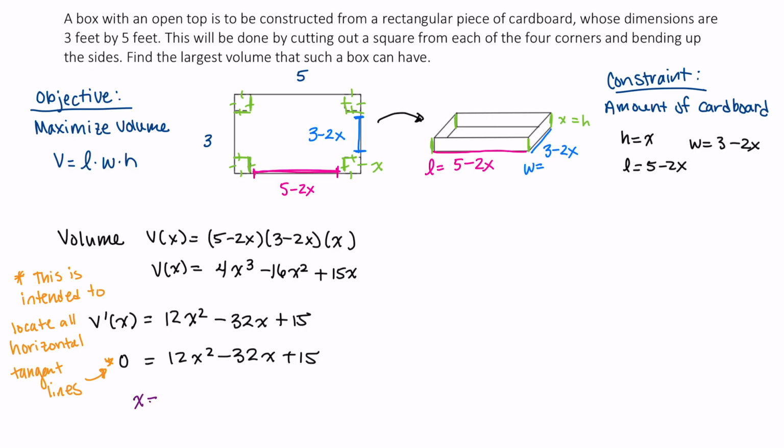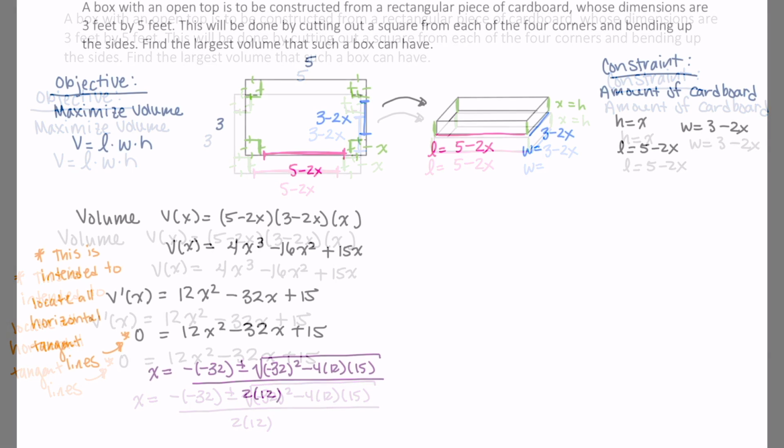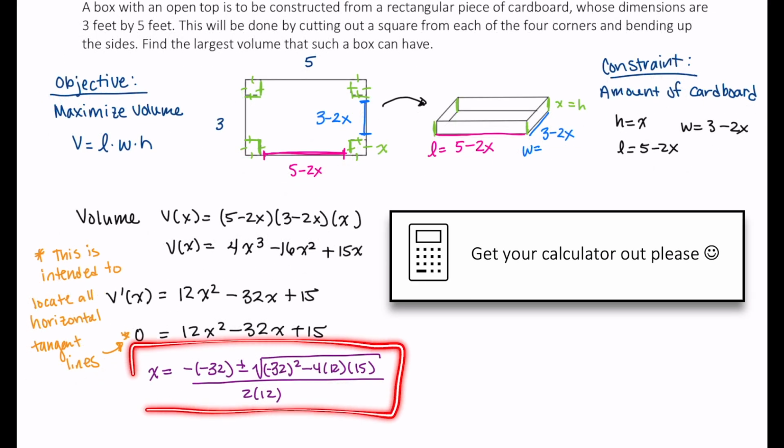That is x equals negative negative 32 plus or minus the square root of negative 32 squared minus 4 times 12 times 15, divided by 2 times 12. Please take a moment, pause your video, and work this out algebraically, then use a calculator to get approximations.